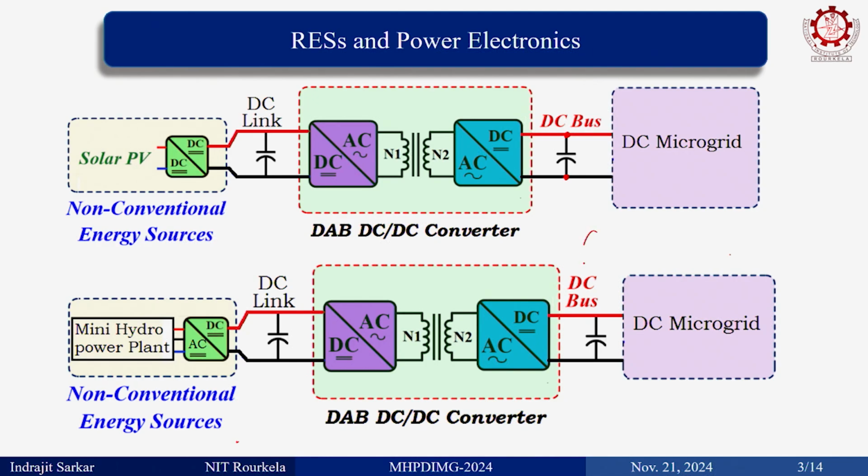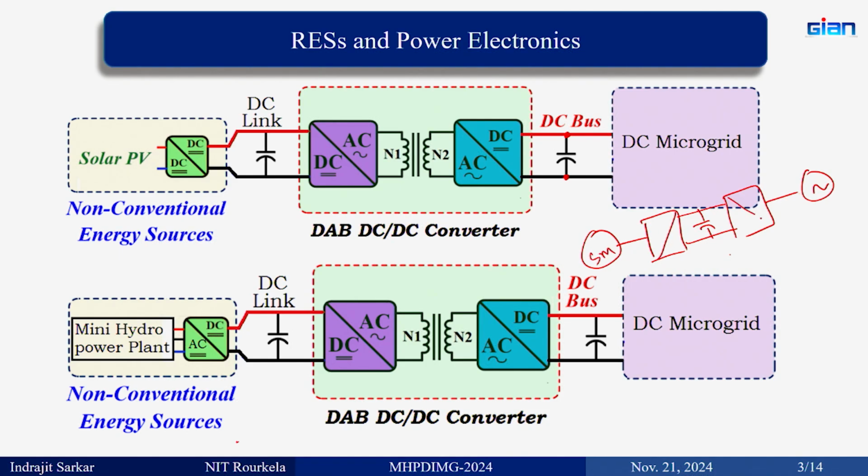Instead of the back to back converter connected to the grid, here this DC link voltage was fixed or regulated through this converter, and MPPT was done by this one, and this is only achievable when this DC link voltage is regulated.